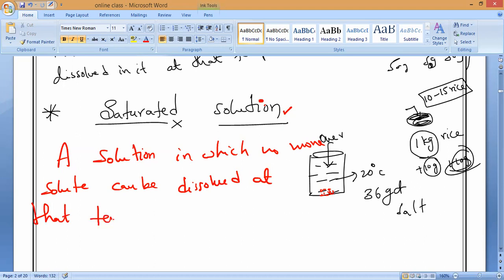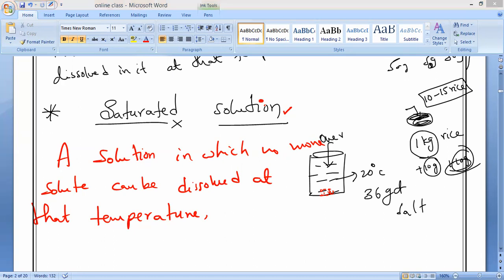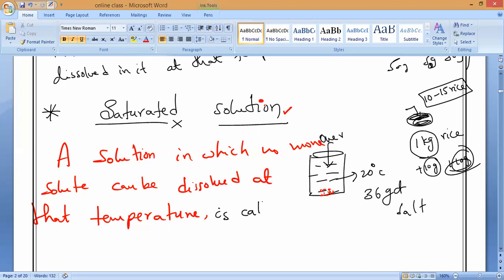Suppose if the temperature increases or decreases, will it vary or not? Yes, sir, it will vary. That is why I am saying always at that temperature. Be remember, a solution in which no more solute can be dissolved at that temperature is called a saturated solution.